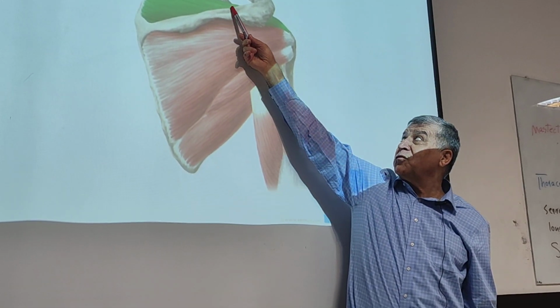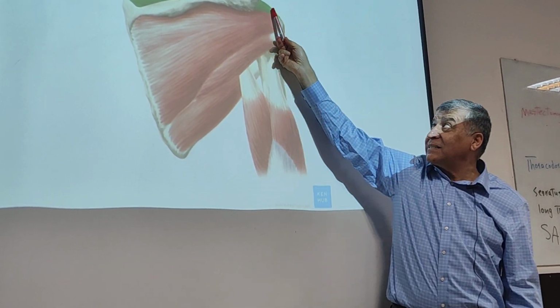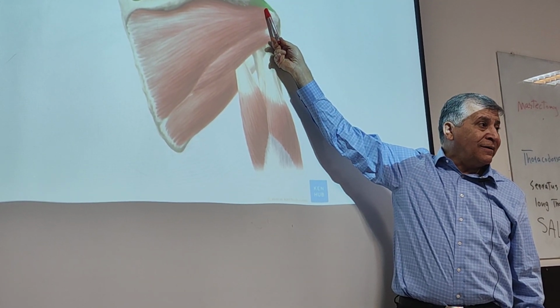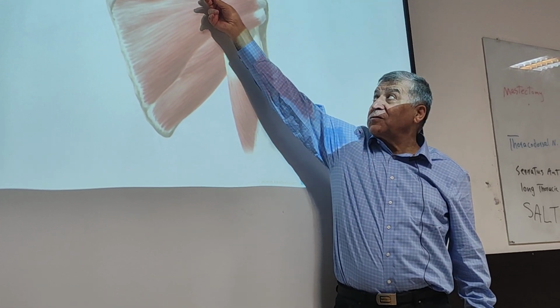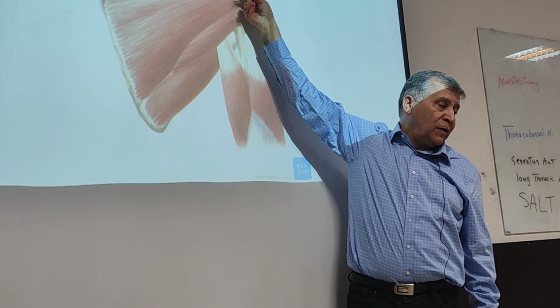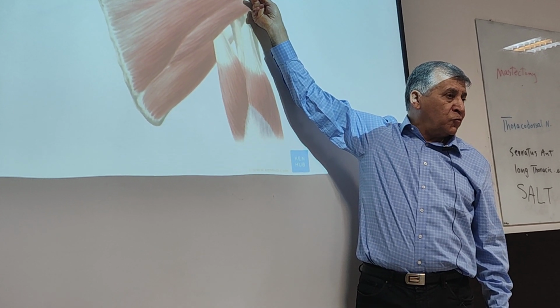Supraspinatus moves laterally below the acromion and inserts to the greater tubercle.